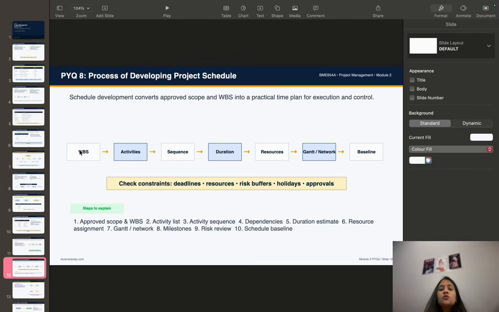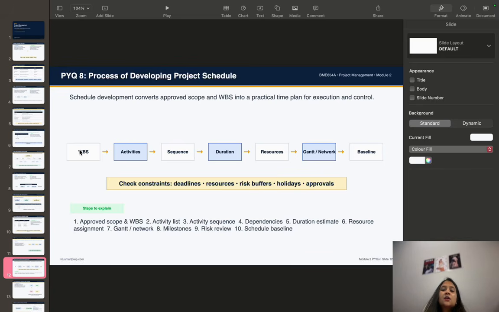So the flow to draw is WBS, activity, then sequence, duration, resources, Gantt or network, and then the baseline. Remember the keywords and then write a meaning or one or two points for those keywords. That's how you are going to write it for 8 or 10 marks.